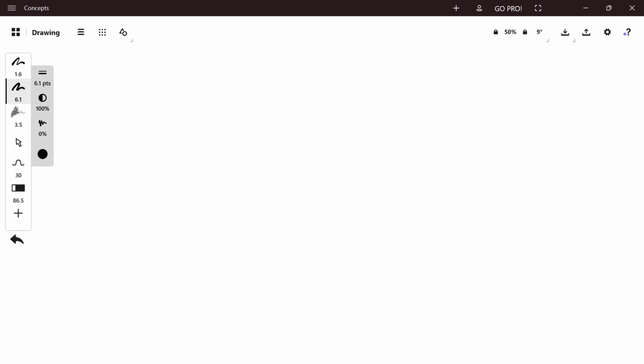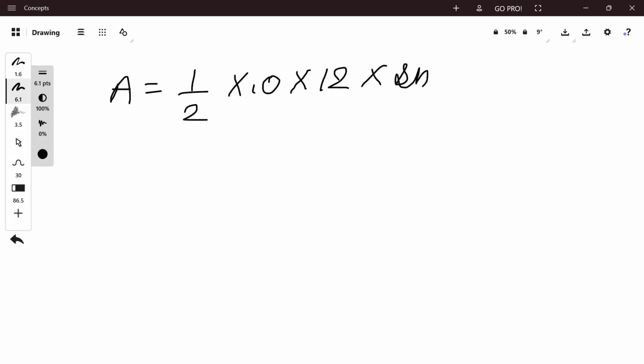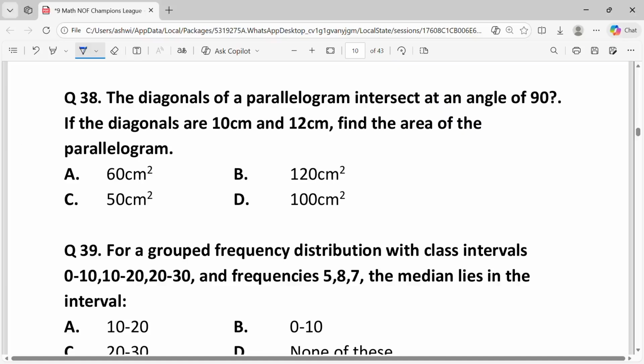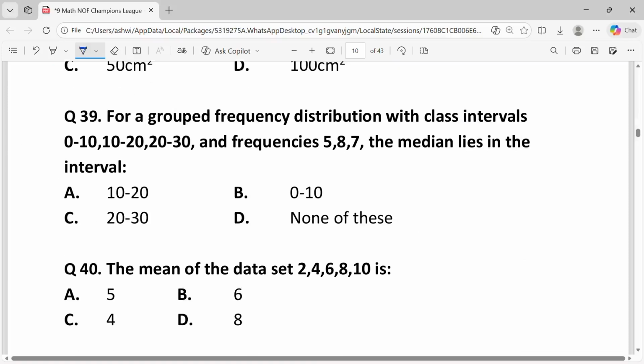Substituting, area is equal to 1/2 × 10 × 12 × sin 90 degrees. Since sin 90 degrees is equal to 1, A is equal to 60 cm². Comparing with the given options, the answer is A, 60 cm².